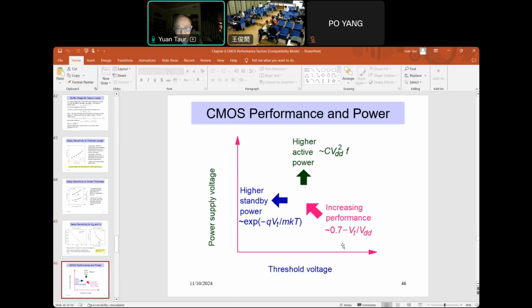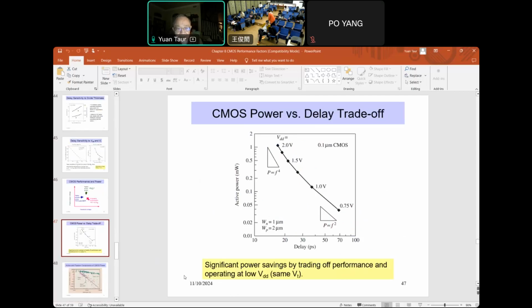For performance, you want the threshold to be low and the supply voltage to be high. But lower threshold voltage will increase the standby power. Higher supply voltage will increase active power. So there's a performance and power trade-off.